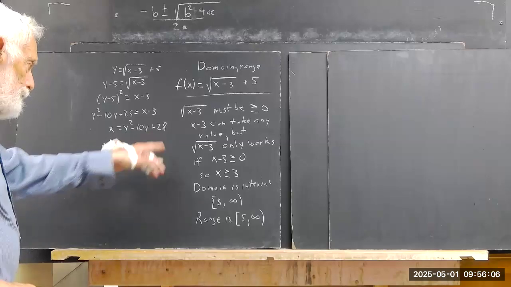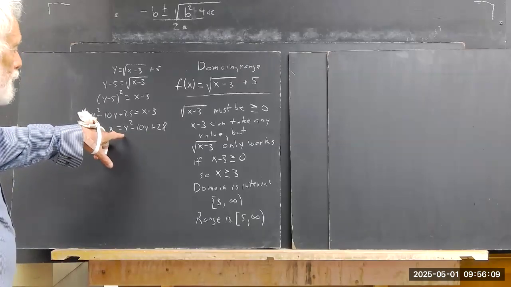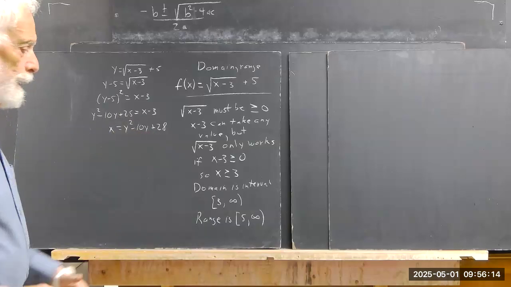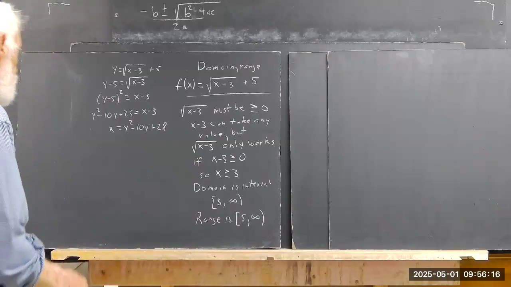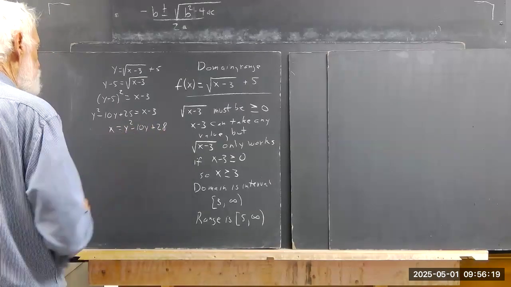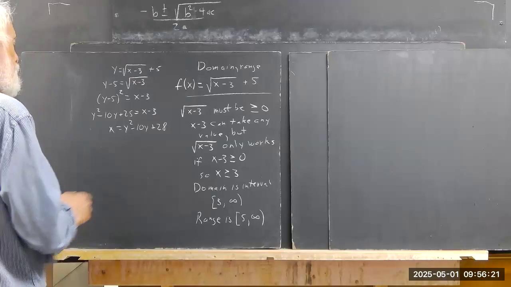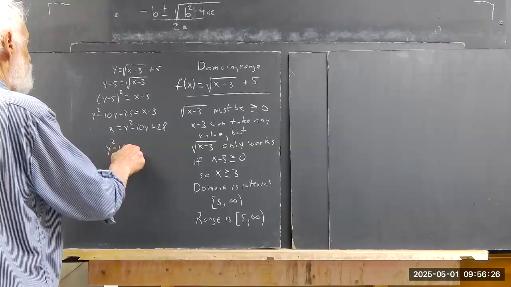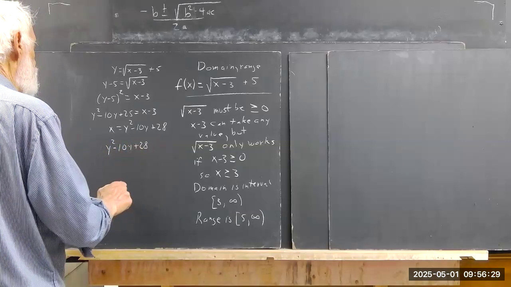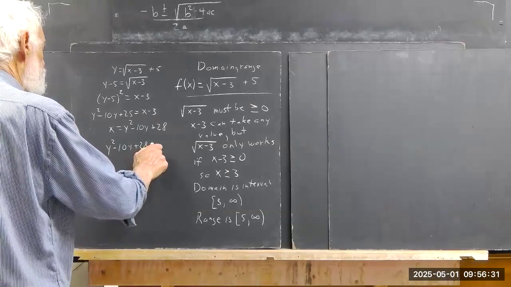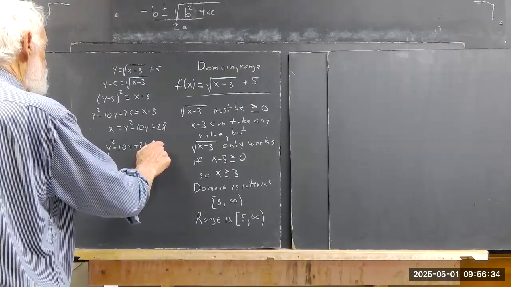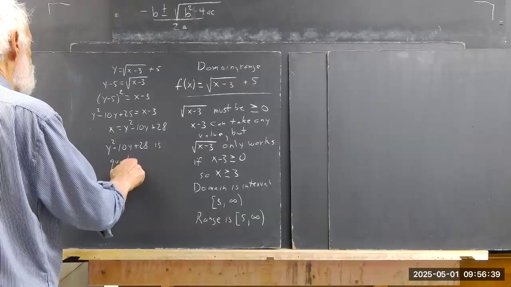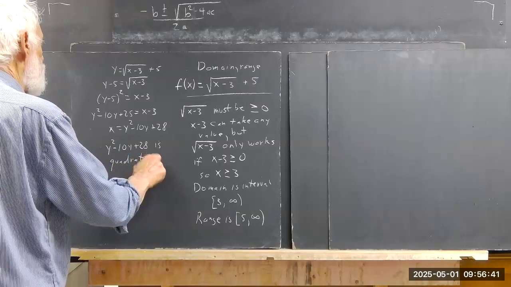Well, what's the minimum possible value of y squared minus 10y plus 28? This gets us into the graph of this function. This is quadratic.